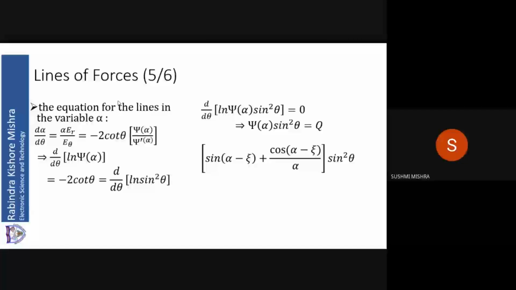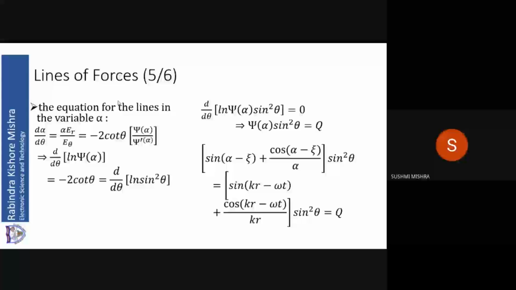That constant Q is my trump card that I will use later. But now for psi alpha, put the value: sine of alpha minus zeta plus cos of alpha minus zeta by alpha, into sine square theta.